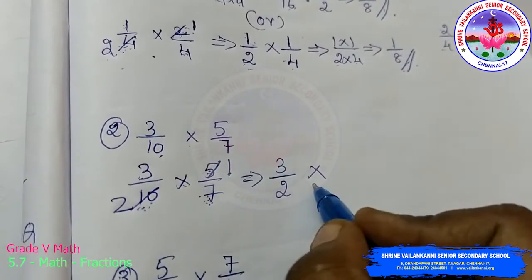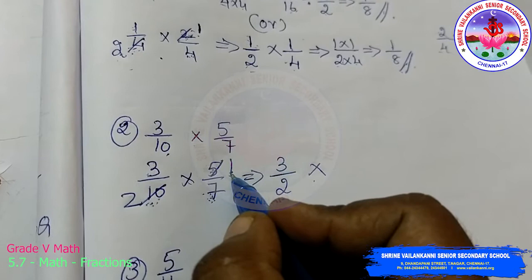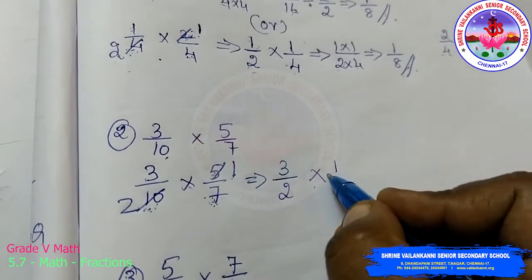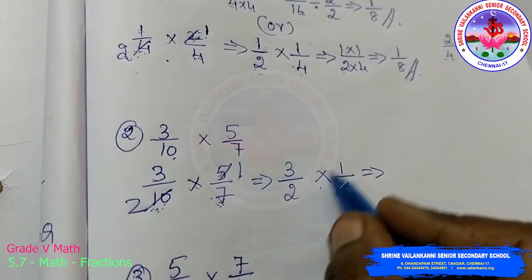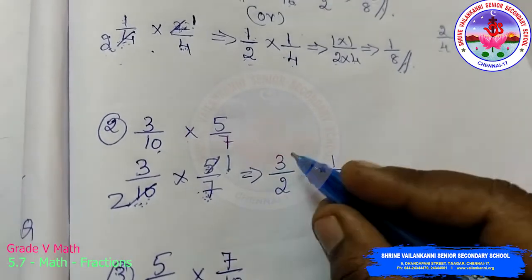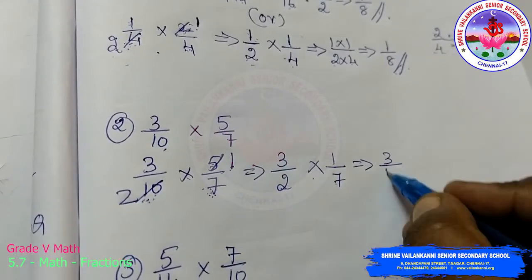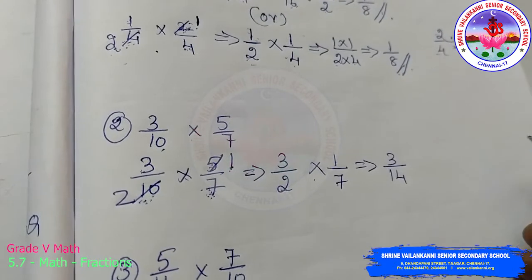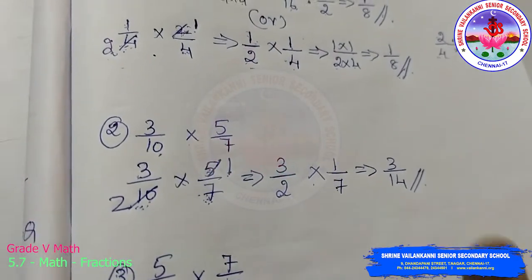Instead of 5, we have made it 1. 7 remains the same. So now again check with the cross multiplication. We can't do more than this. So 3 into 1 is 3. 2 sevens are 14. So here I am stopping.